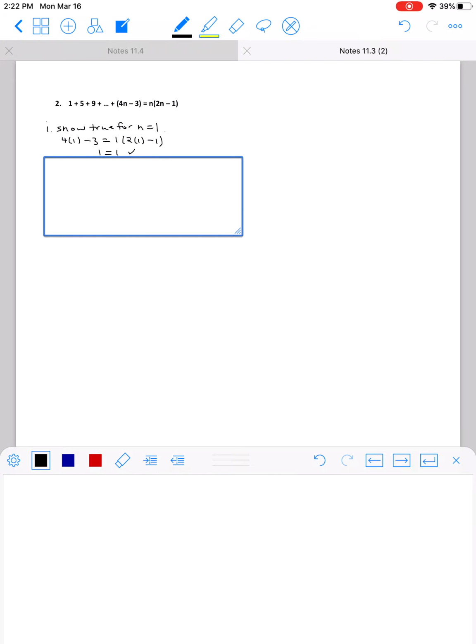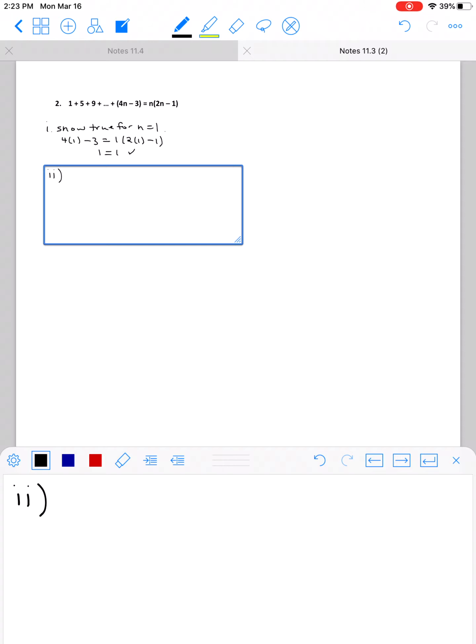Next, Roman numeral 2, we're going to assume true for n equals k. And remember, this is called the induction hypothesis.